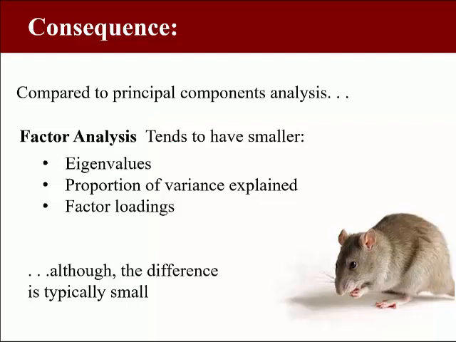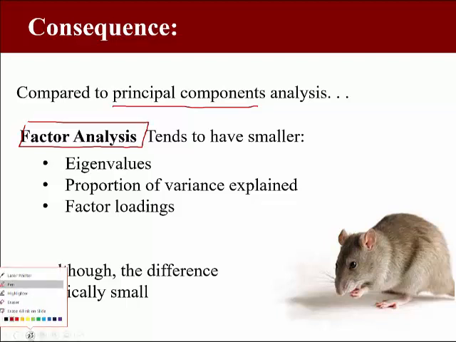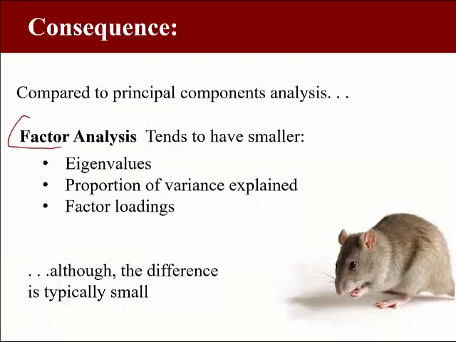So considering all that, let's note some differences that we might find between a principal components analysis and a factor analysis proper. If we do factor analysis, we're making an allowance for measurement error. There's going to be an estimate of communality and an assumption that we can only explain the common variance and that there's some degree of measurement error that can't be explained. So when we do a factor analysis proper, we're going to have, in general, slightly smaller eigenvalues.